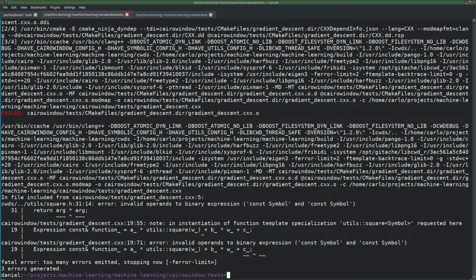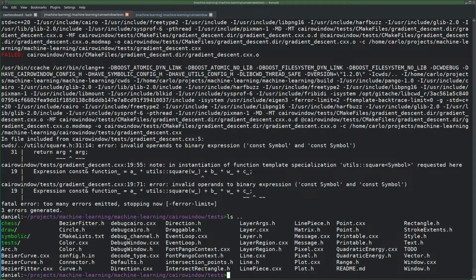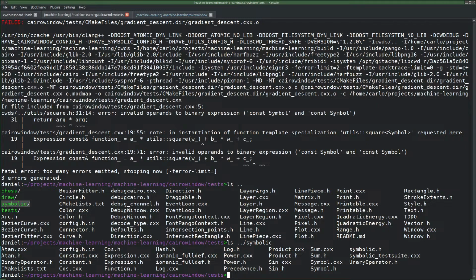Oh, missing operators. Where do I have those defined? Yeah, I need to include symbolic.h, not symbol.